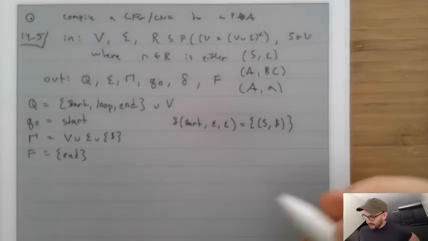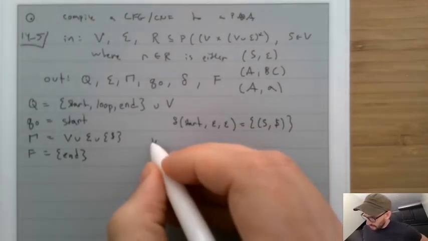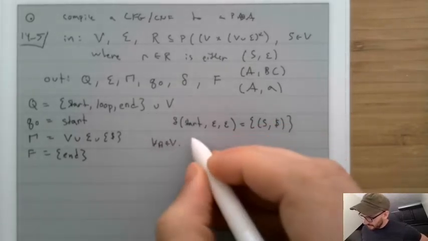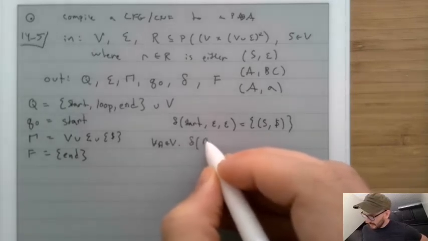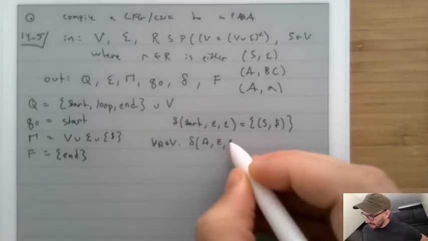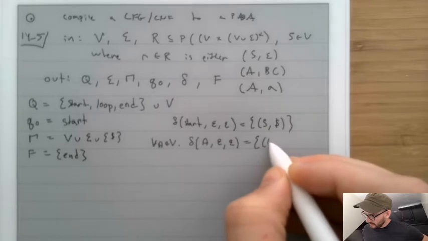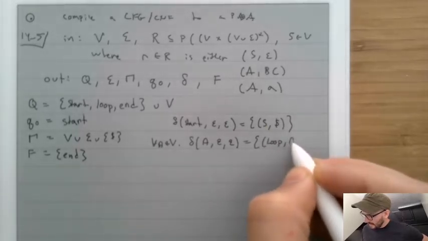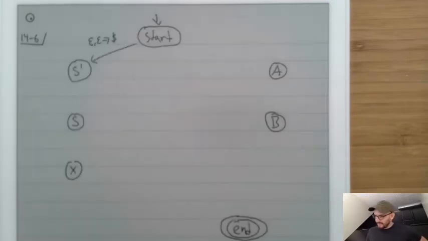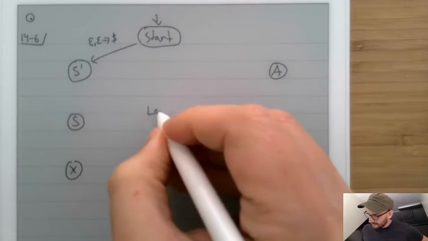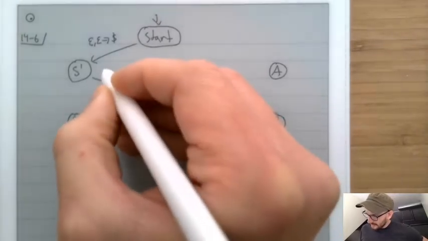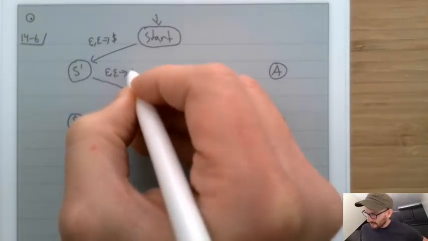Now the next thing that we do is we say that for all big A inside of V, delta of big A, epsilon, epsilon equals loop, A. All right? So what that means is that we're going to have our loop state right here. And there's going to be a rule that goes from there to there that says epsilon, epsilon, arrow, S prime.